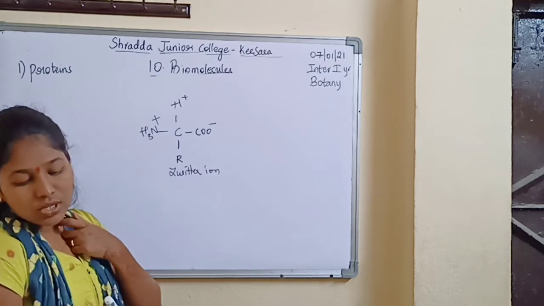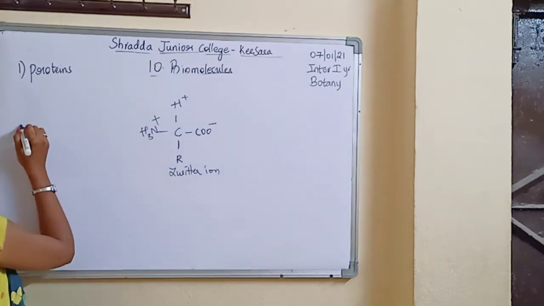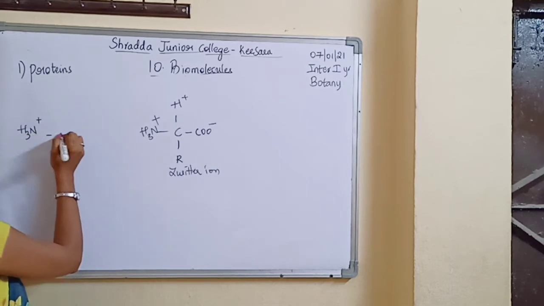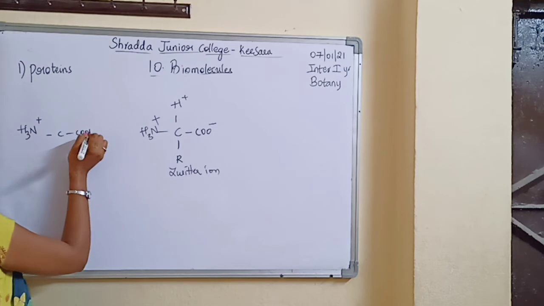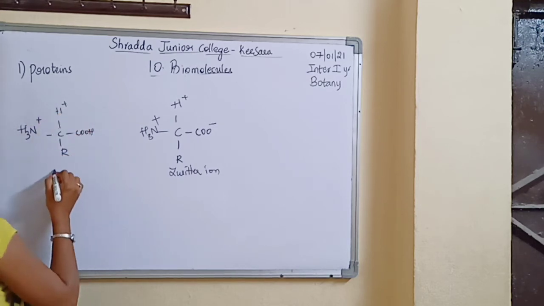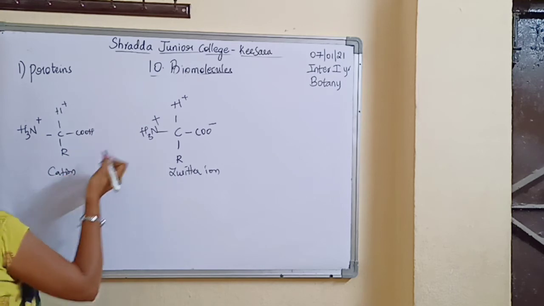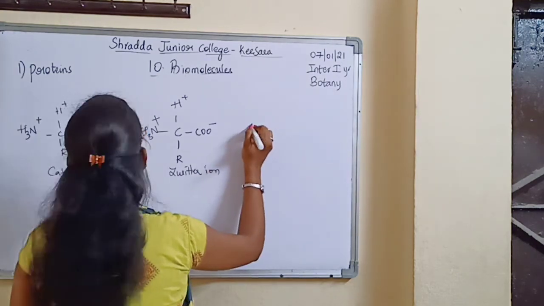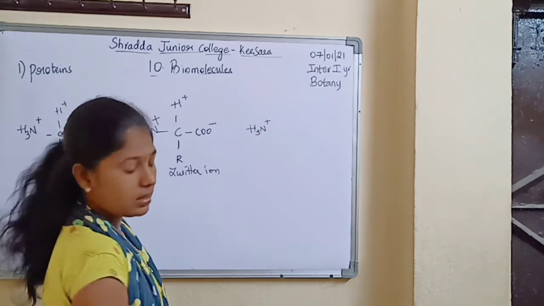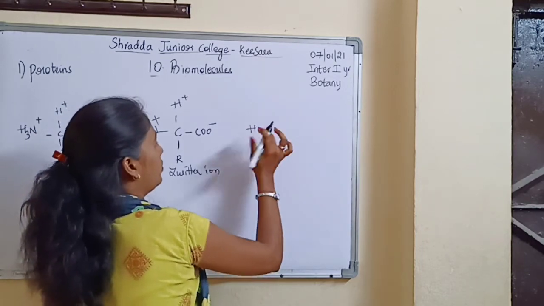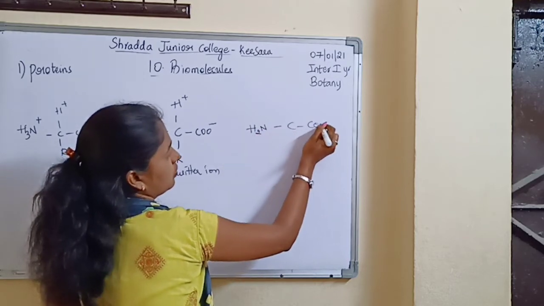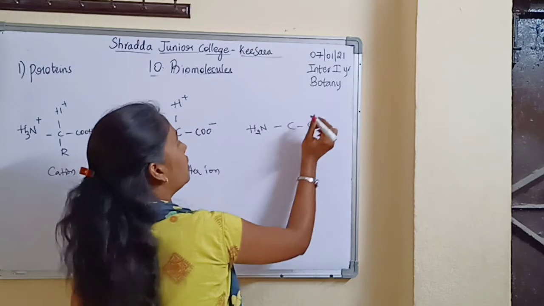So what happens with the cation? If you take this cation, it will be like this, H3N plus. This is a cation. And the anion will be like this.